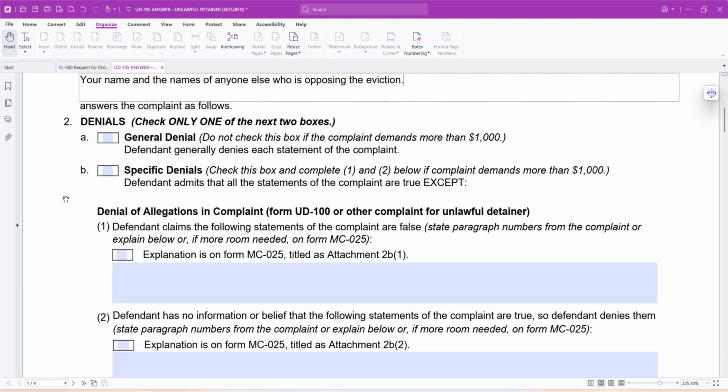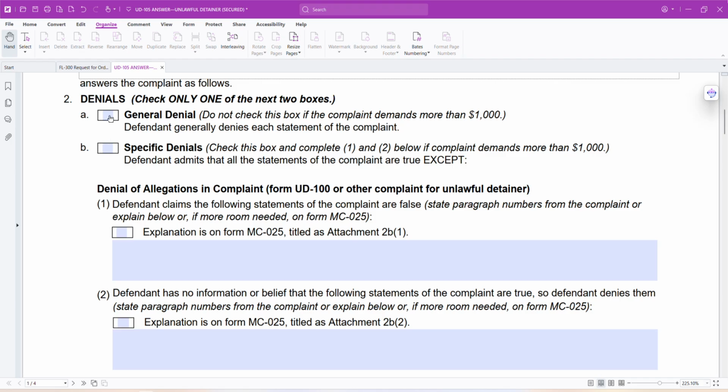Okay, then there are some choices here. You can mark the box for general denial unless the complaint is asking for more than $1,000. You can tell that by looking towards the last page of the complaint, and there should be an indication as to whether the landlord is asking for past due rent.